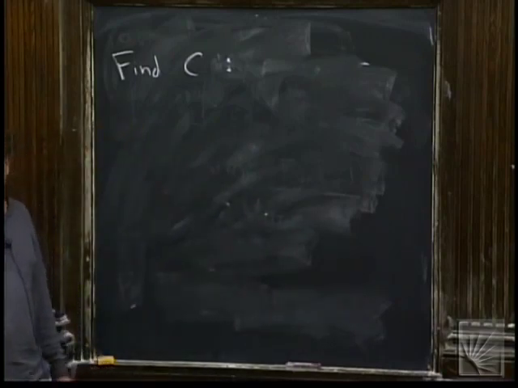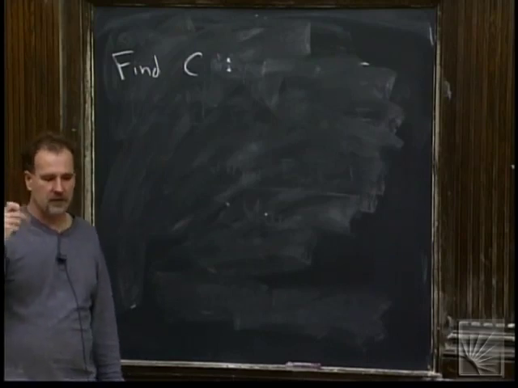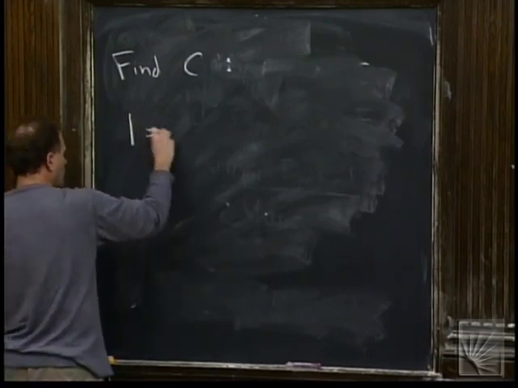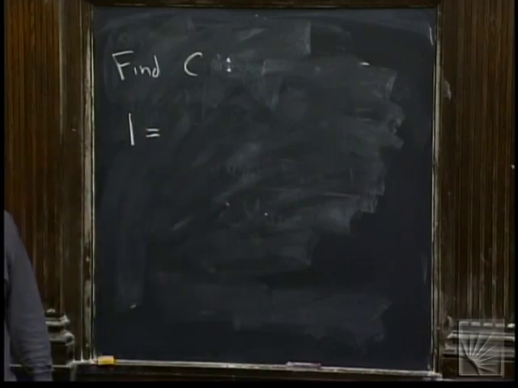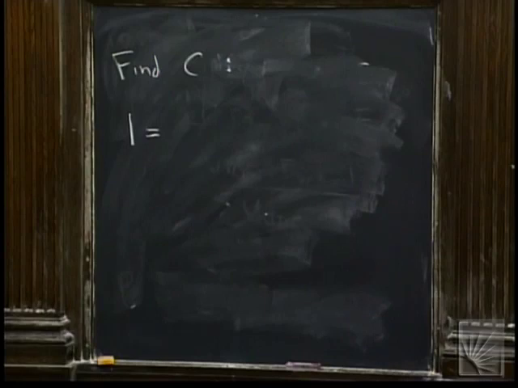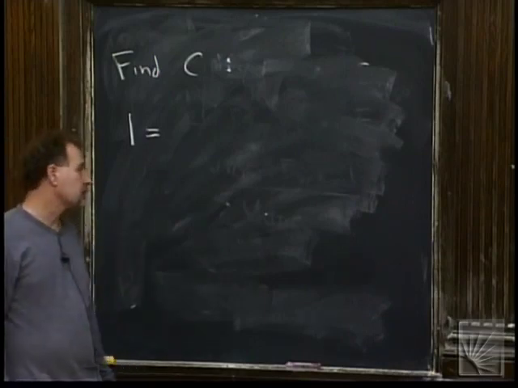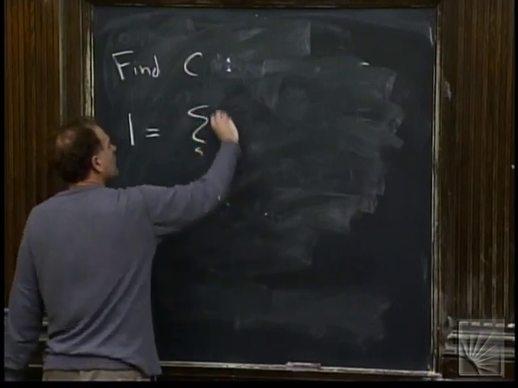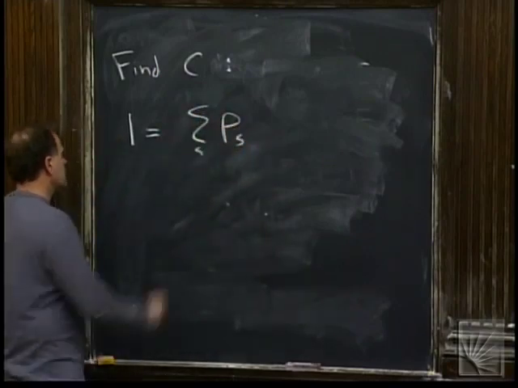Assuming we're talking about a quantum system where there are discrete states, it's just what we always call the normalization condition, the same sort of thing we did in quantum mechanics to find the normalization of a wave function. I simply say 1 is the sum of the probability of all states.